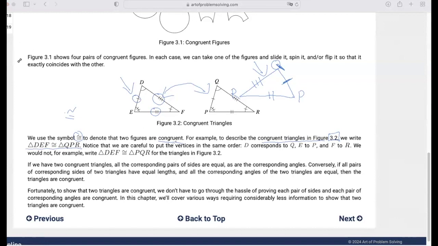Notice that we have to be careful to put the vertices in the same order. So D corresponds to Q, okay? And then E corresponds to P, okay? And then F corresponds to R.